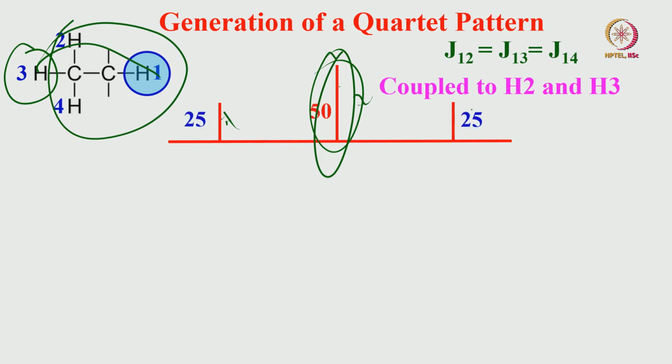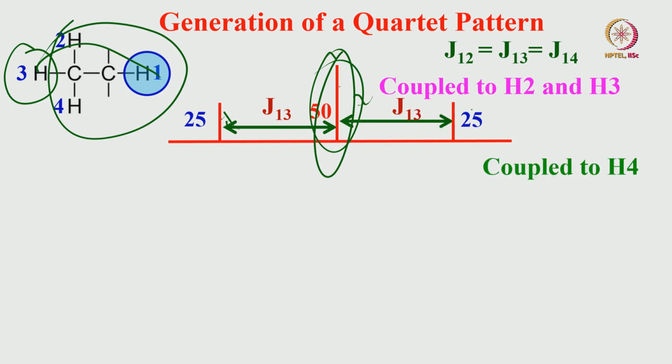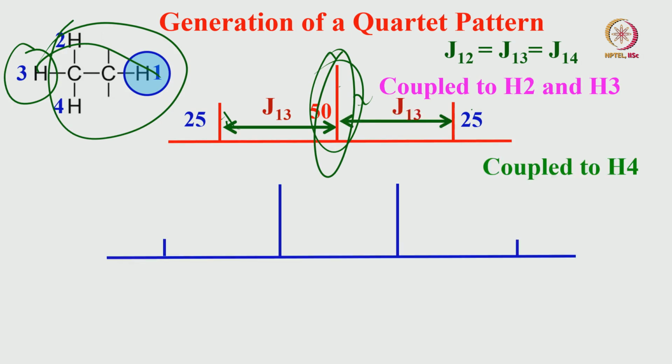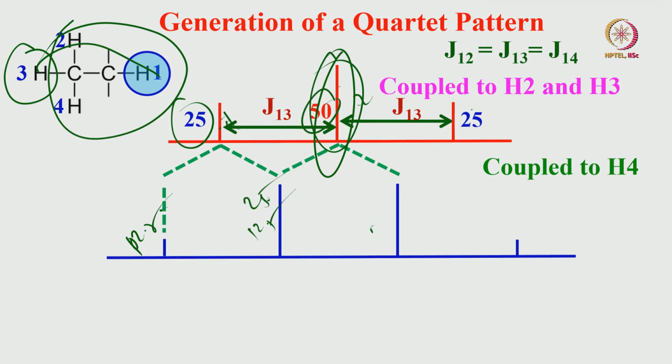Now what I am going to do is bring in one more coupling, that is to H4. When H4 coupling is brought, again this will split into two peaks, this will split into two peaks. This 25 intensity became 12.5, here 12.5. This 50 became 25 here, 25 here, and then this will again become 12.5 and 12.5.